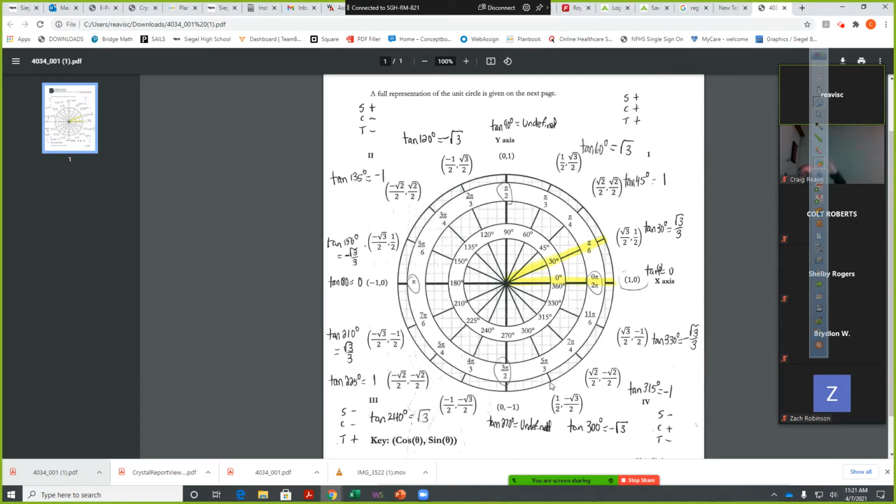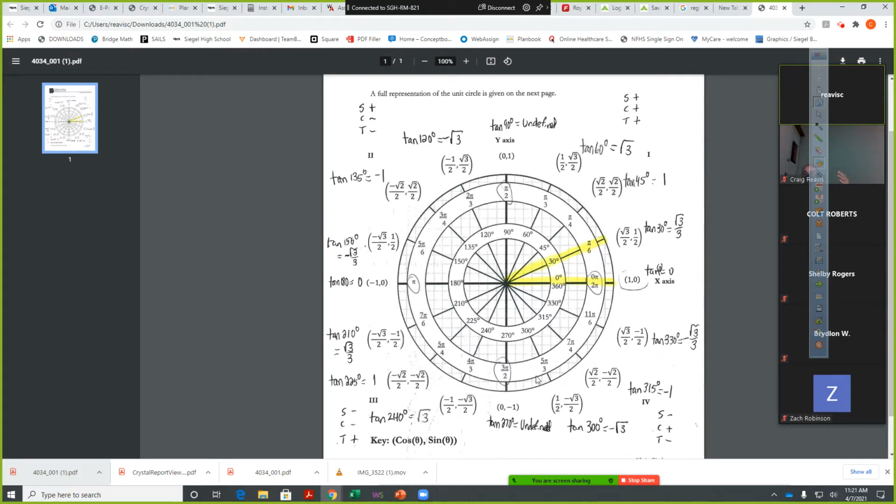Basically, within the 360 degrees, most of these are going to be the same in two different spots. So for 30 degrees and 150 degrees, both of those are sines of 1/2. Notice sine equals 1 only in one spot. There are certain spots on the unit circle where it only happens once. Sine equals 1 only at 90 degrees.